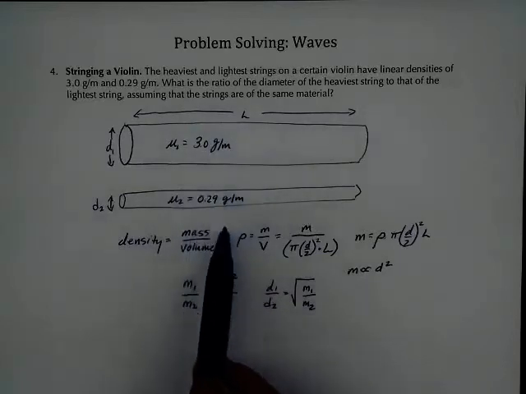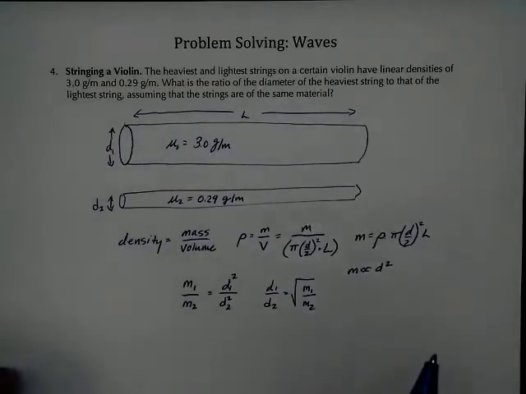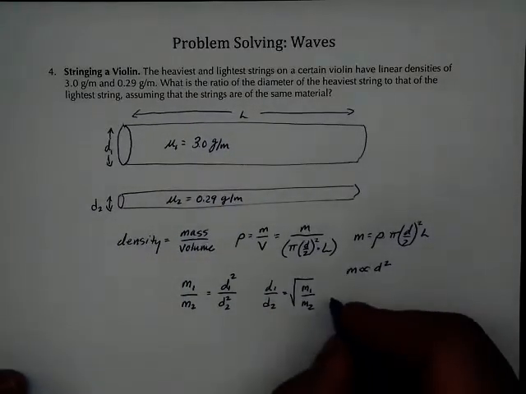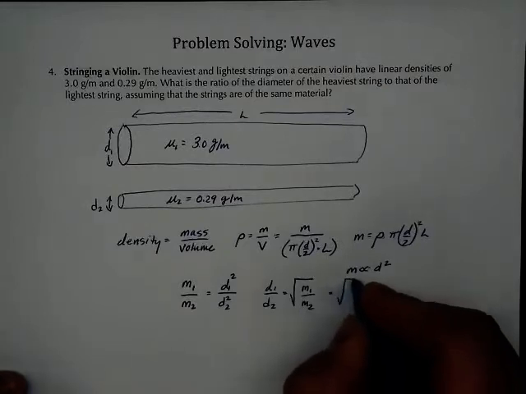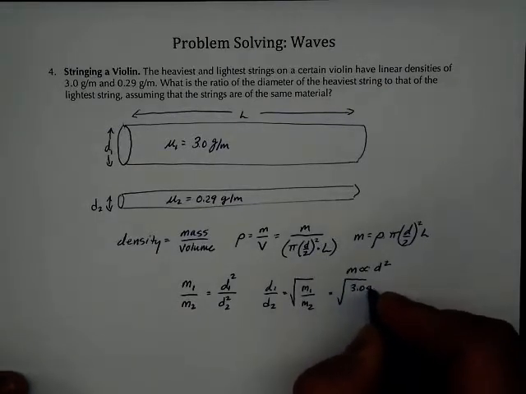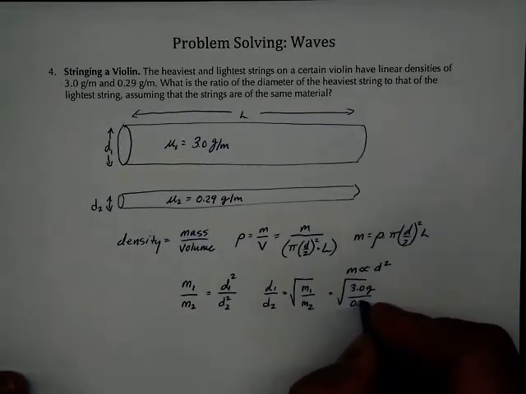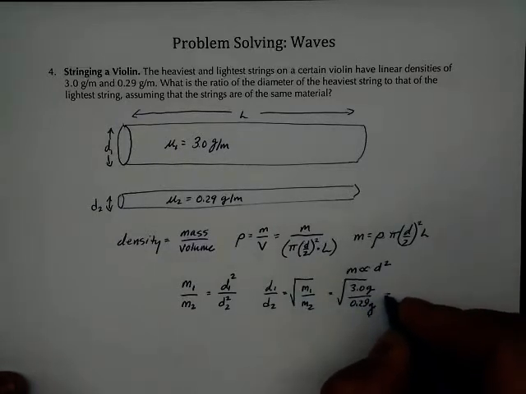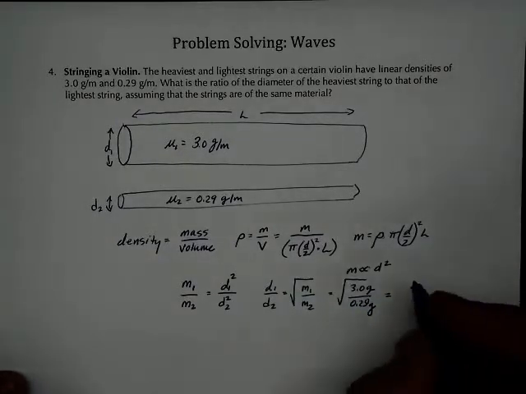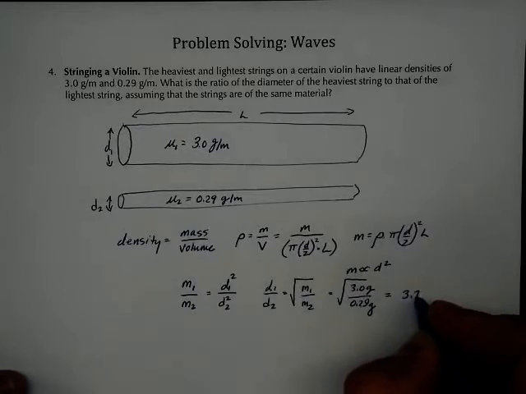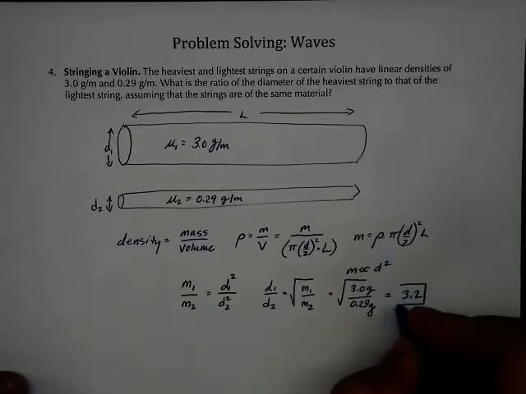Again, I'm just going to artificially select 1 meter lengths. It wouldn't matter what number I use here. So that ratio is the square root of 3 grams over 0.29 grams. And if we calculate that out, that ratio becomes approximately 3.2.